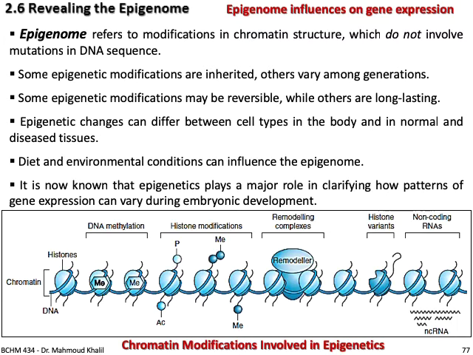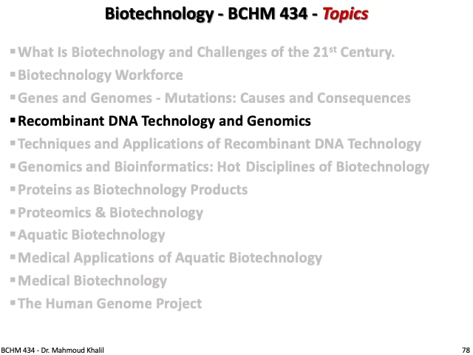All of them control when a gene is transcribed, how much messenger RNA is transcribed, when it's switched on and when it's switched off. So it's all types of modification that can regulate gene expression without mutation, or change the protein pattern without mutation. And in the next lecture we'll deal with recombinant DNA technology and genomics.